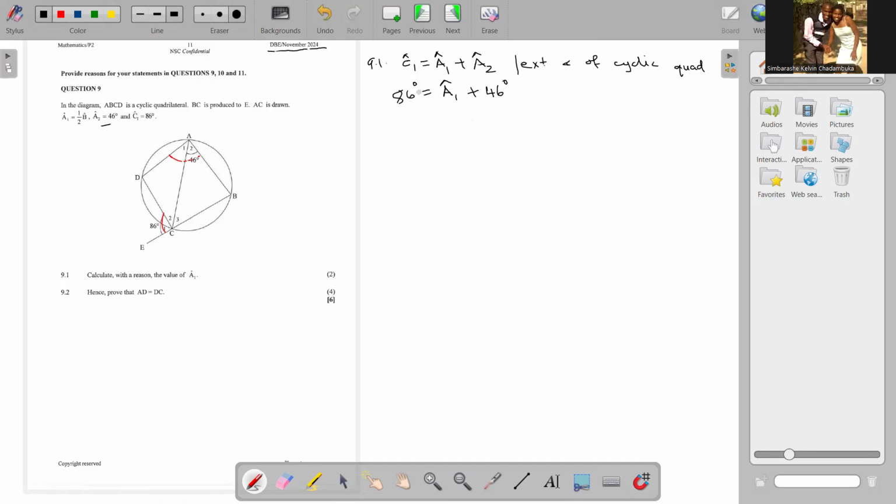Then transpose the 46 to the other side: 86 degrees minus 46 degrees must be equal to our A1. Therefore A1 is equal to 40 degrees.